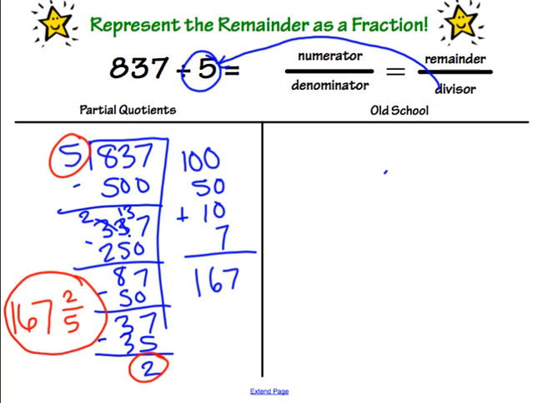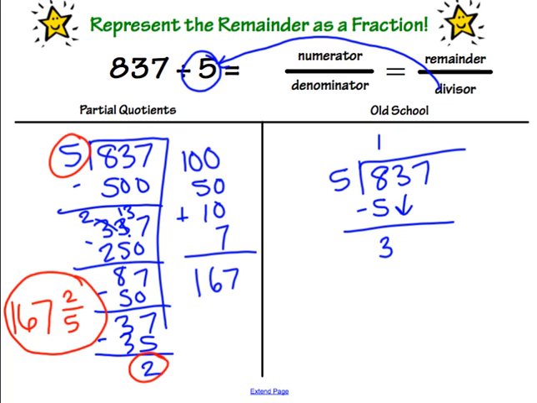Let's try old school if you prefer that method. 5 goes into 8 one time. Subtract. Bring down. 5 goes into 33 6 times. 6 times 5 is 30. Subtract.